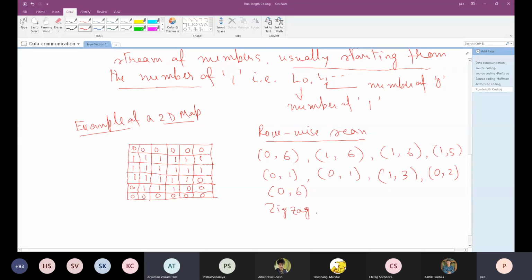The number of columns, like in one row, how many columns, that has to be given. You mean the dimension of the 2D map? Yeah, the dimension of the 2D map needs to be given.